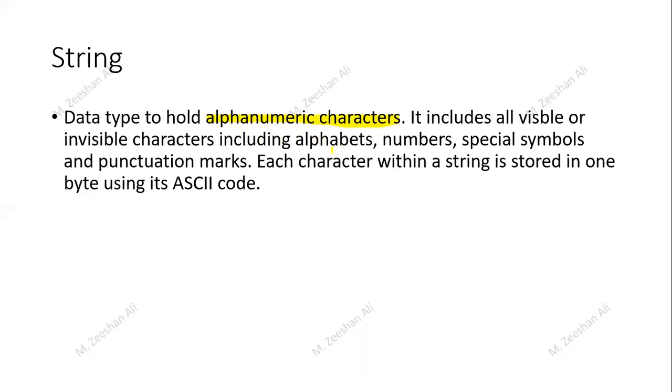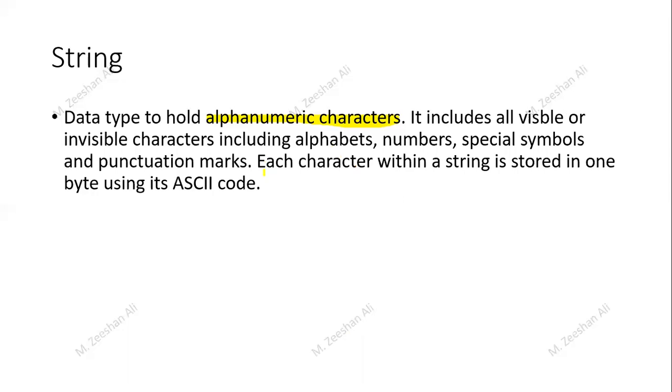And when we declare any variable or any array as a string, it has the biggest capacity. Why? Because for example, if you are going to store your home address, it will be very, very long. For example, house number 12345, and then the street number, and the area, and then the city, then province, and then the country. So it is assigned bigger storage capacity.